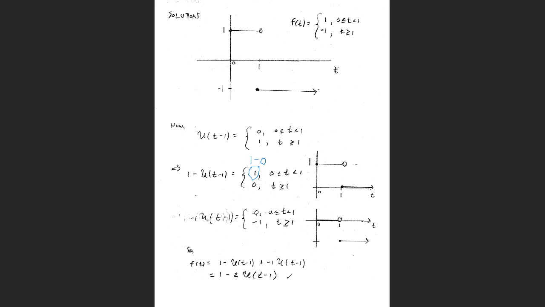Okay, this 0 here. And then how am I getting 0 down here? That comes from 1 minus 1. That one there.